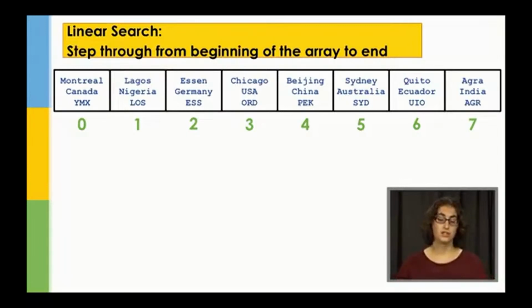And with linear search, we didn't have to make any assumptions about how the data was organized. Remember that in linear search, we start at the beginning and we flip through one at a time, keep on going, looking for our particularly desired piece of data.